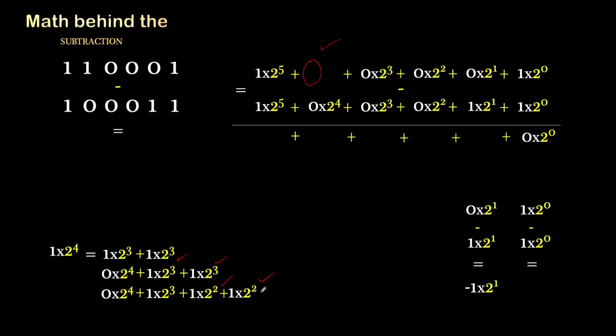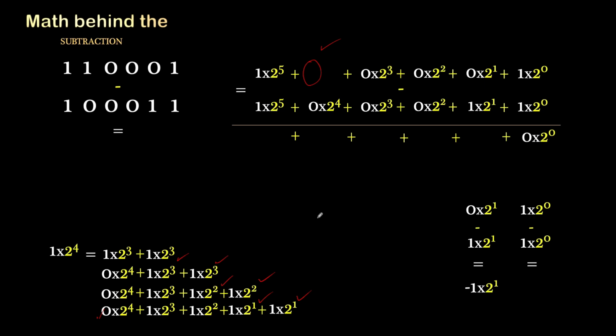Same way, we break one of the 2 to the power of 2's into 2 to the power of 1 plus 2 to the power of 1. In this process, the coefficient of largest power of 2, which was 2 to the power of 4, becomes 0 with successive terms with reduced power of 2's with coefficient of 1.